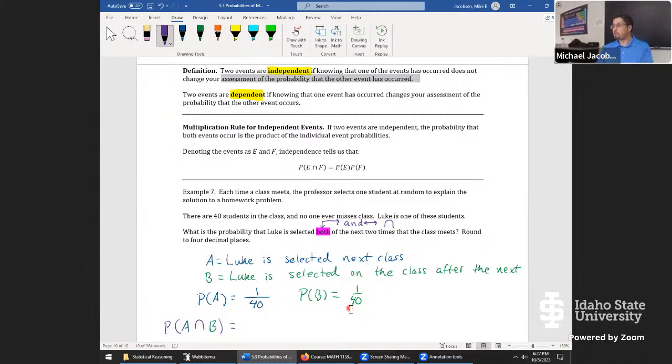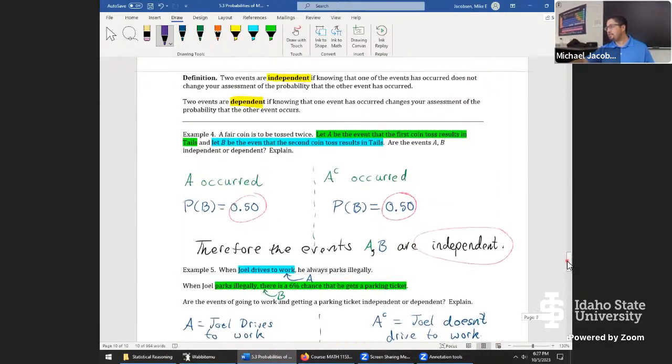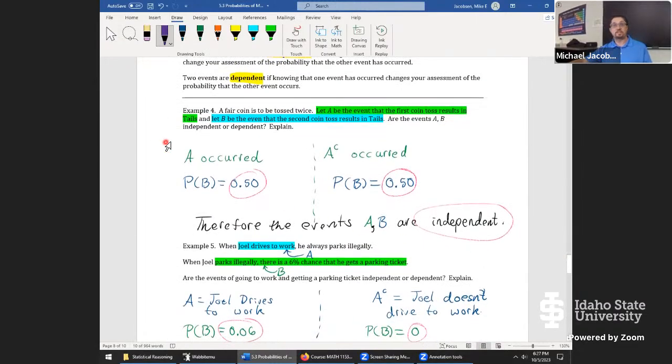If the person who's in charge of selecting the student is taking another randomly selected number from 1 through 40 on the second day, as well as he did on the first day, then really in spirit, this is no different than what's happening right here when we're tossing a fair coin. Tossing a fair coin has 2 outcomes. That's selecting 1 out of 2 possibilities.